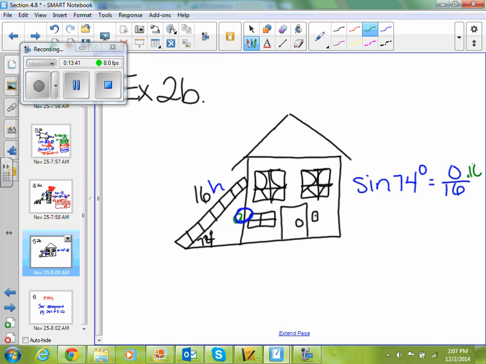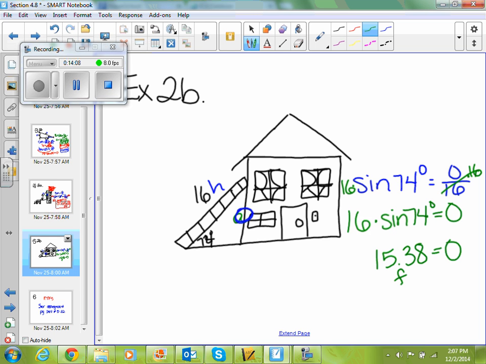So I have to multiply by 16 on both sides to get the O, my opposite side, by itself. So I end up with 16 times sine of 74 degrees. And what is 16 times sine of 74 degrees? 15.38 feet. So that tells me that my ladder is only going to reach up 15.38 feet on my house. So hopefully I don't have a very tall house.